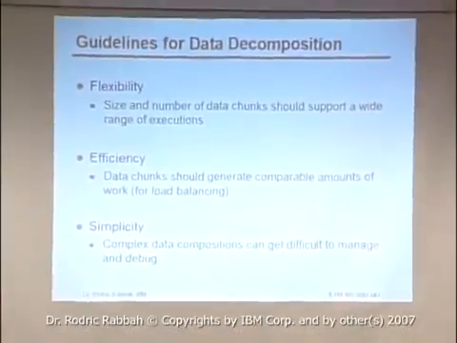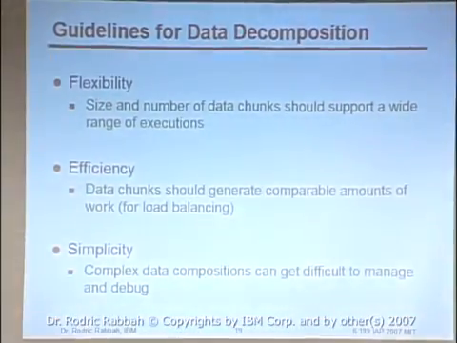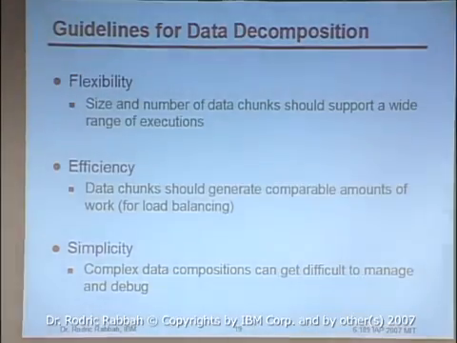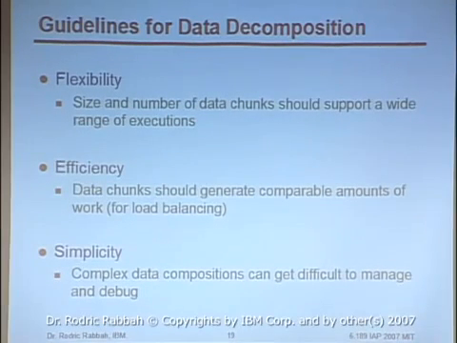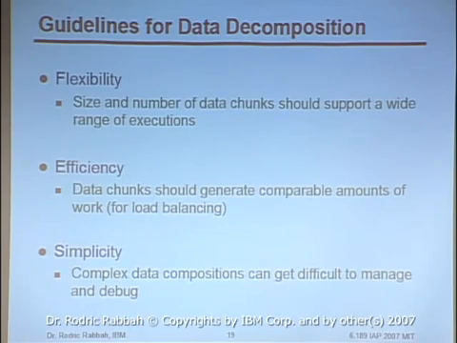So again, the same three key concepts to keep in mind when you're doing data decomposition: flexibility, efficiency, and simplicity. The first two are really meant to suggest that the size of the data that you've allocated actually leads to enough work, because you want to amortize the cost of communication or synchronization, but you also want each data chunk to generate about the same amount of work, so load balancing.